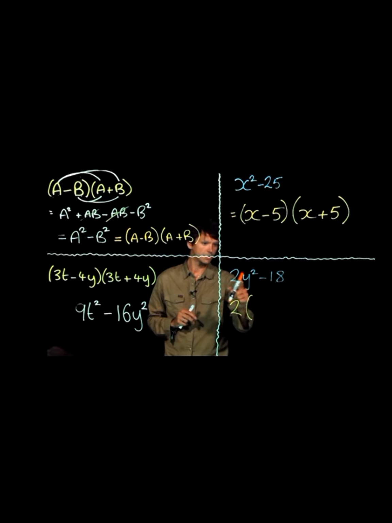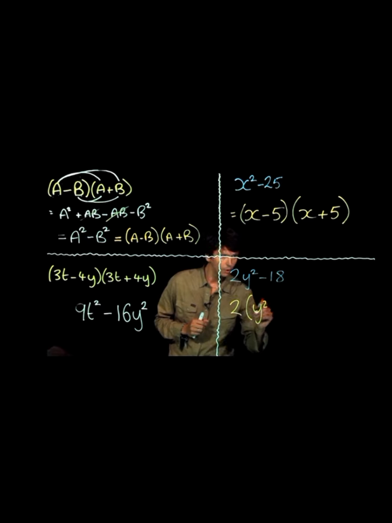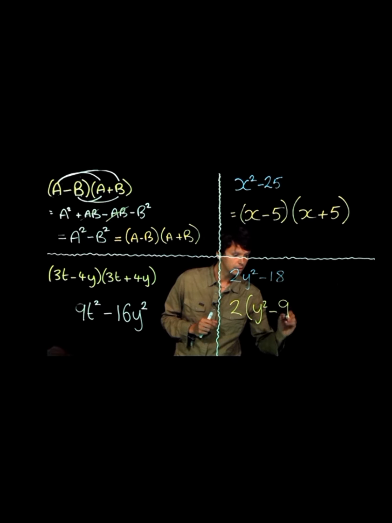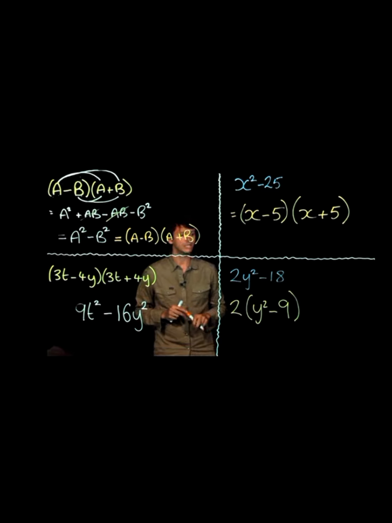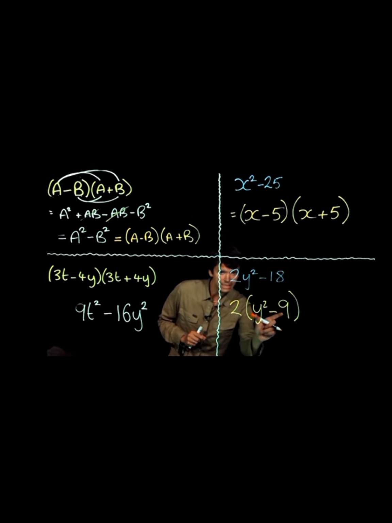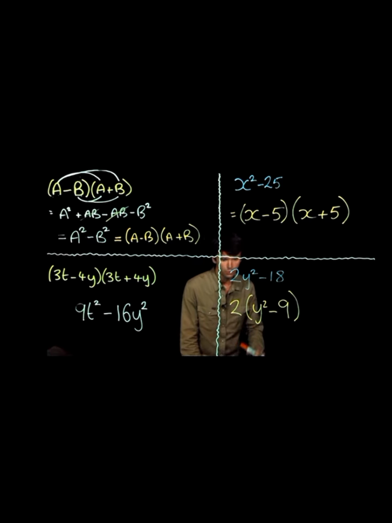2 goes into 2y squared y squared times, and 2 goes into the 18 9 times. 2 bracket y squared minus 9. You look inside the bracket, we do now have a square number and another square number and a subtraction. So we're dealing with the difference of two squares.